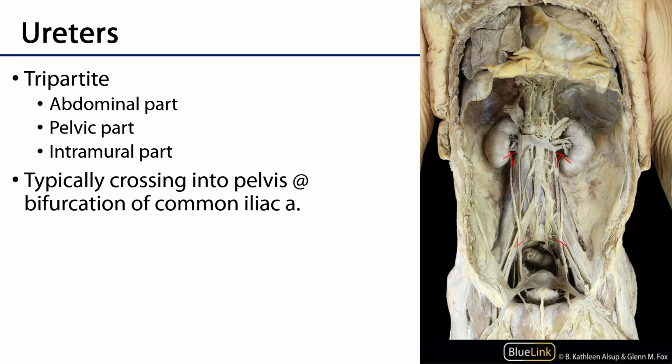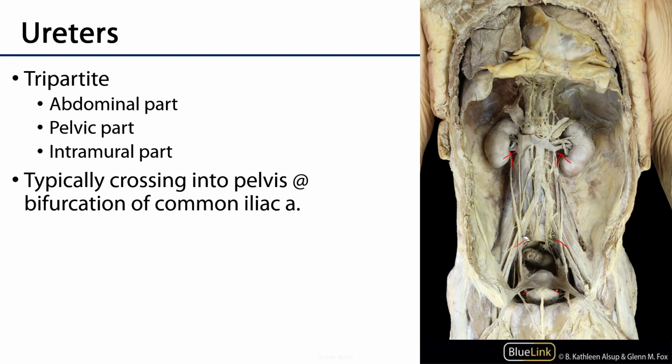Then there's the pelvic part, which continues on to the posterior aspect of the urinary bladder. And then there is the intramural part, the portion of the ureter that is within the wall of the urinary bladder.